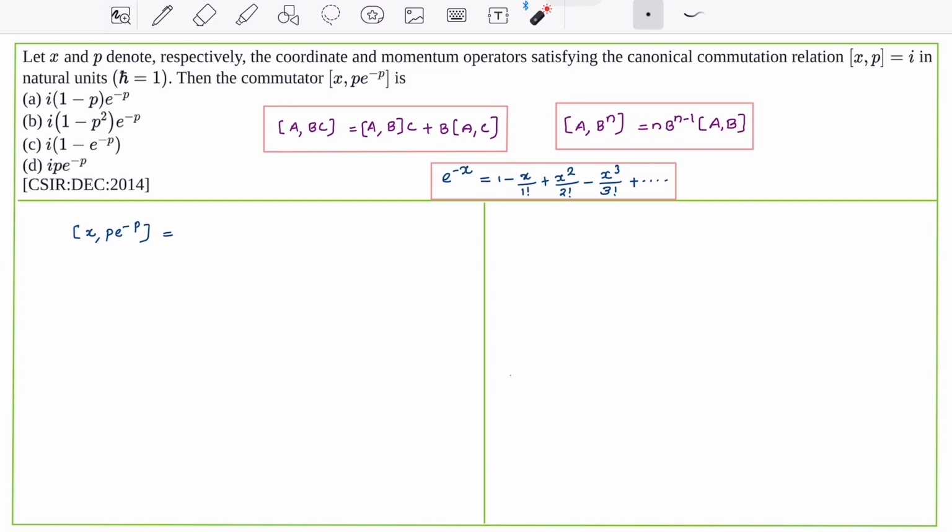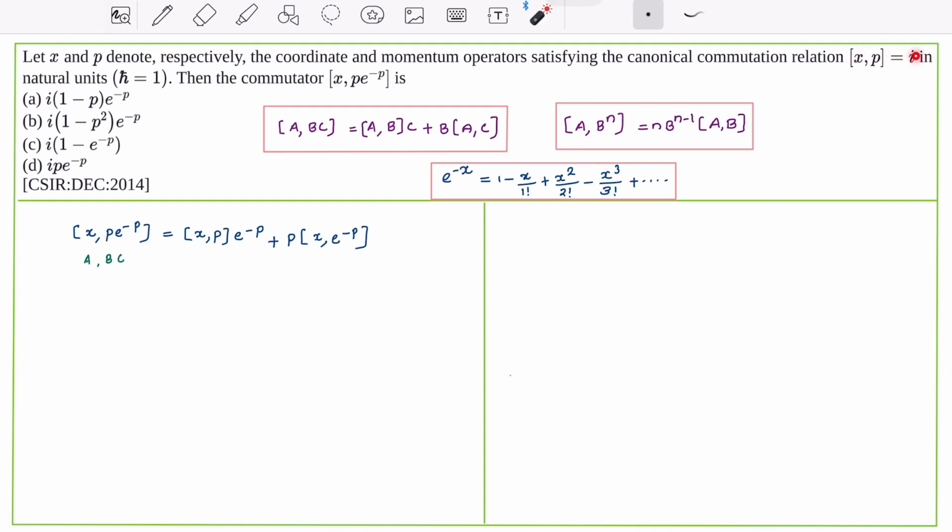The commutator of x and p e raised to minus p is of the form the commutator of a and bc. Therefore, we can say it is equal to the commutator of x and p times e raised to minus p plus p times the commutator of x and e raised to minus p.